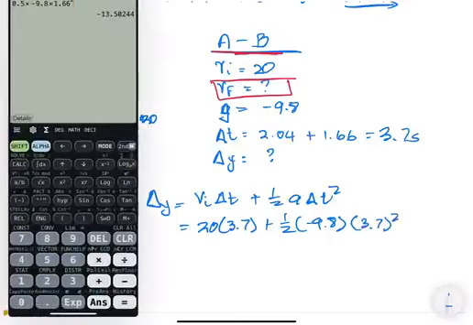Let's see. So that's 20 times 3.7, plus 0.5 times negative 9.8 times 3.7 squared.